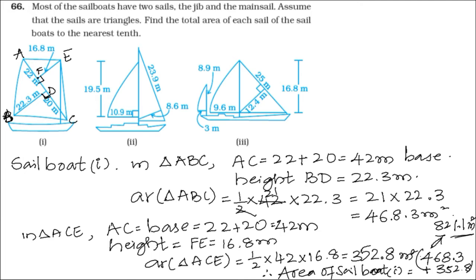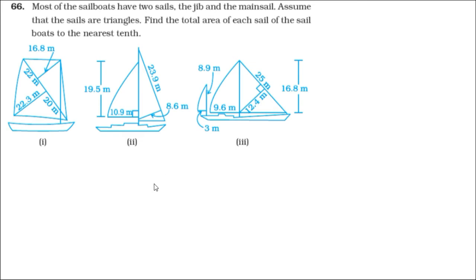So approximately it is 820 square meters. For the sailboat 2, it is the area of this triangle plus area of this triangle.